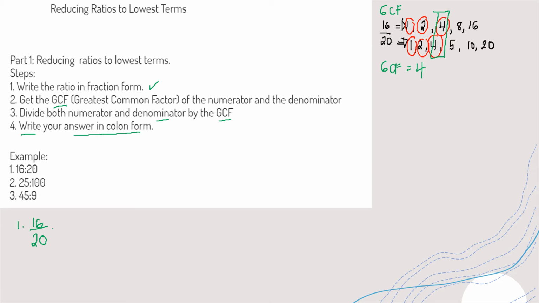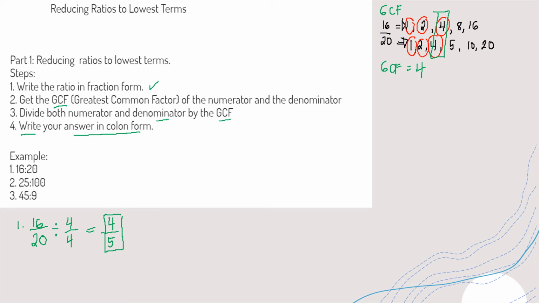I will divide 16 over 20 by 4 over 4. 16 divided by 4 is 4, and 20 divided by 4 is 5. If you can see, 4 and 5 are already relatively prime; only 1 can divide both of them. Hence, this is already expressed in lowest terms. Did you get that?